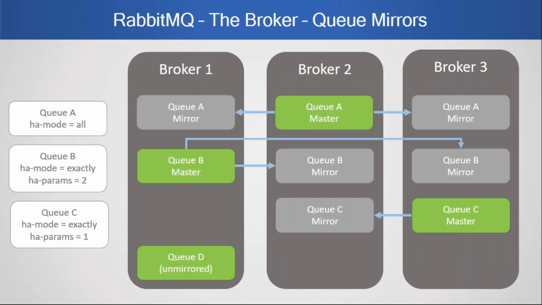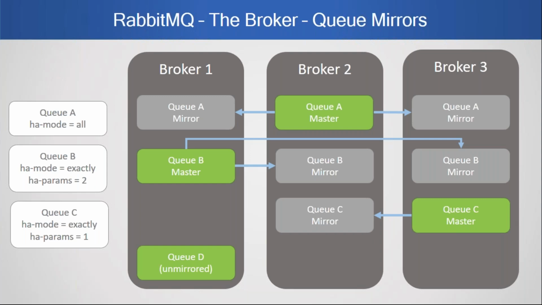So let's have a brief look into queue mirrors. Here we have a cluster of 3 brokers and we have 4 queues. We can set up queue mirroring very easily through policies. QA has a policy of HA mode all, which basically means that we have a master queue where all reads and writes go to.